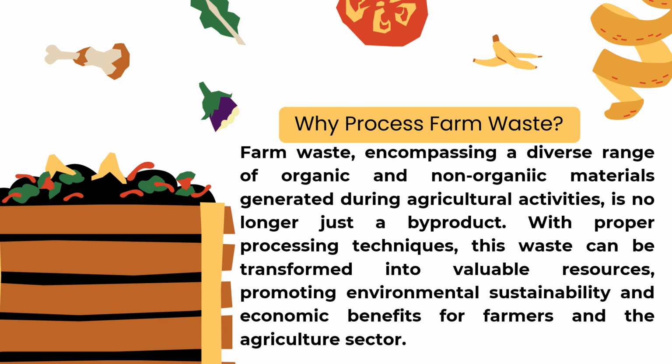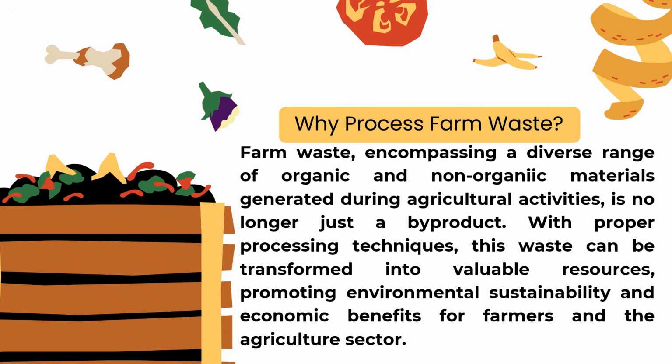Farm waste processing is the practice of converting agricultural waste materials into useful products. Rather than allowing waste to accumulate or rot in open areas, our farmers can process these materials to create products that benefit their farms. For example, animal manure can be turned into compost.